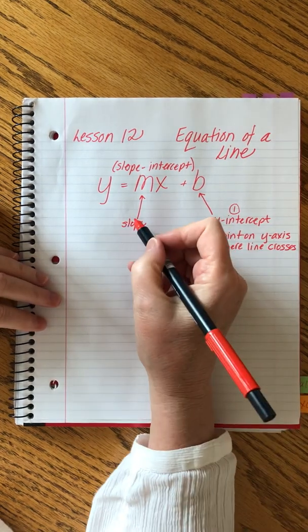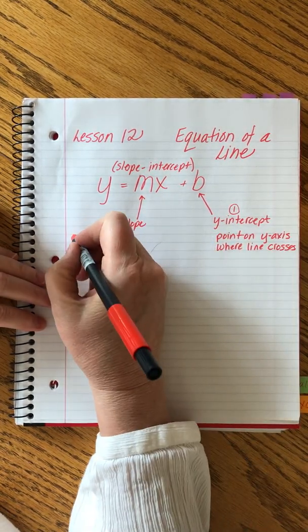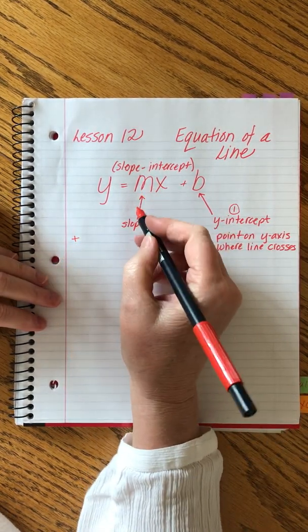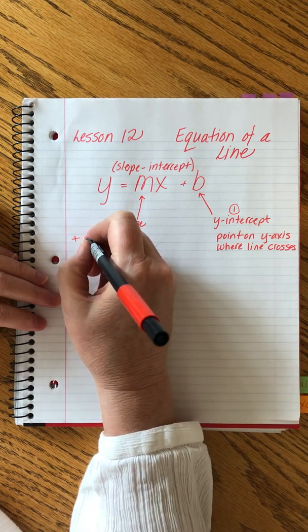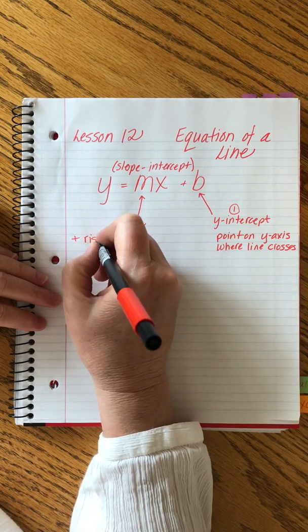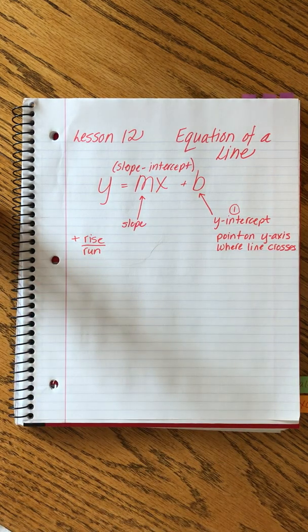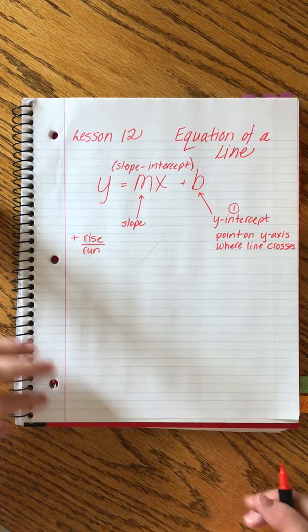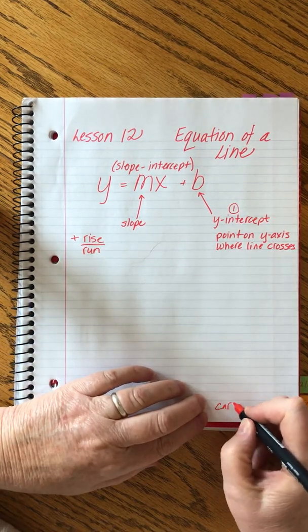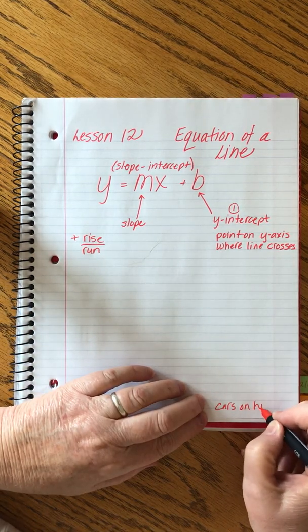Now, as far as graphing them, we remember that the slope is always a fraction, and if it's a positive slope, we call it the rise over the run. Just a second, I need to make a note to myself. Cars on hills.